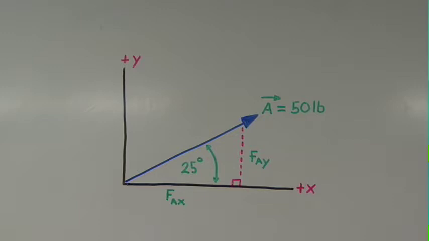If we look at the diagram on the board, you notice we have two unknowns, the force of vector A in the y direction and the force of vector A in the x direction. We can now choose which one of those trigonometric functions would most suit the x or the y axis.